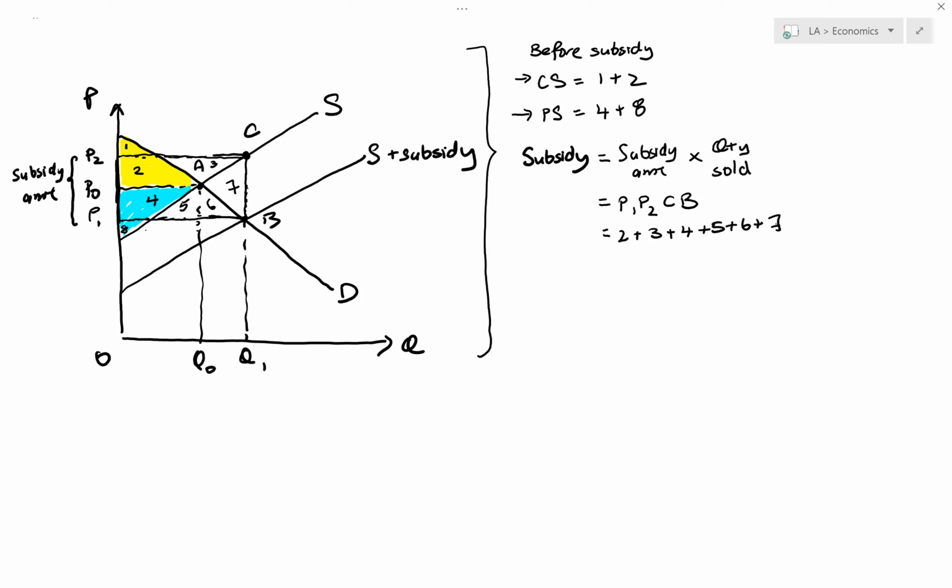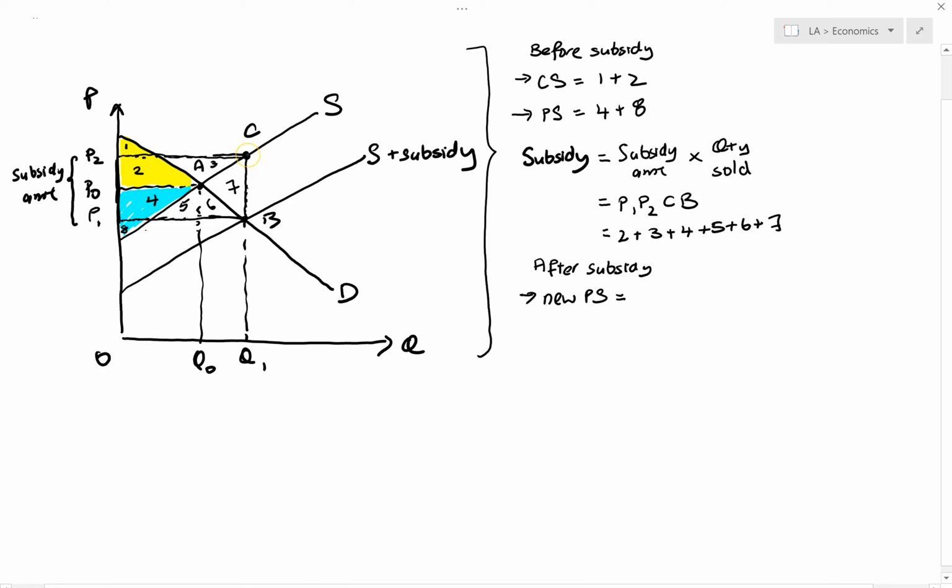So who enjoys this subsidy? After subsidy, what is the new producer surplus? My take is always go back to the original supply curve.